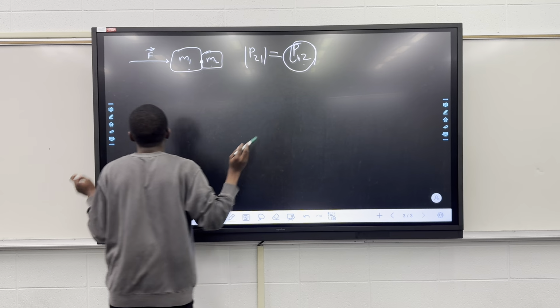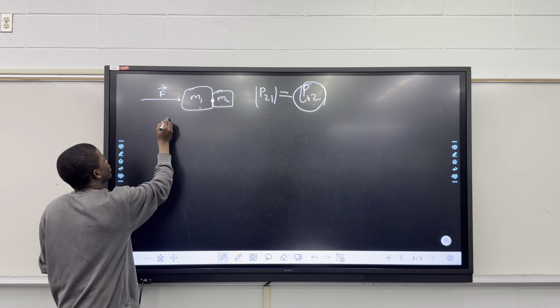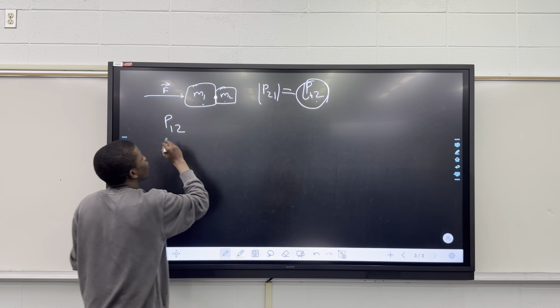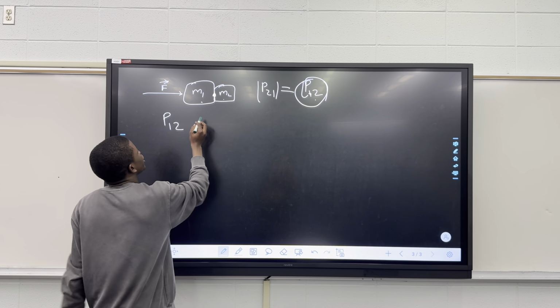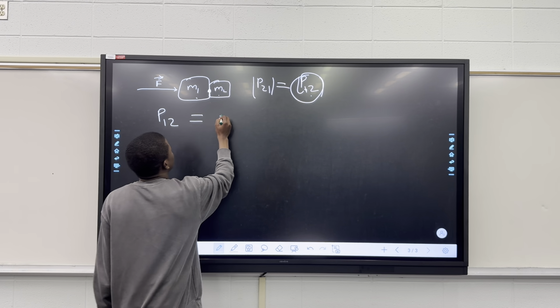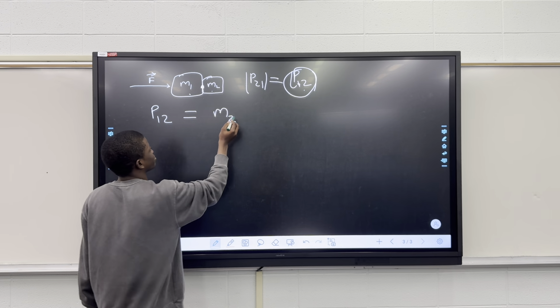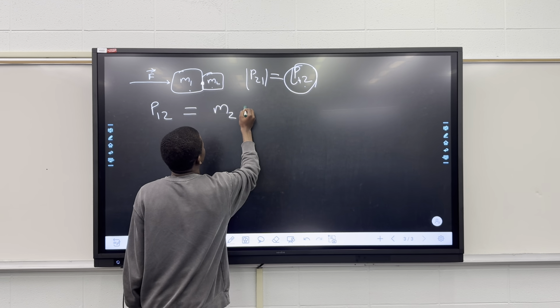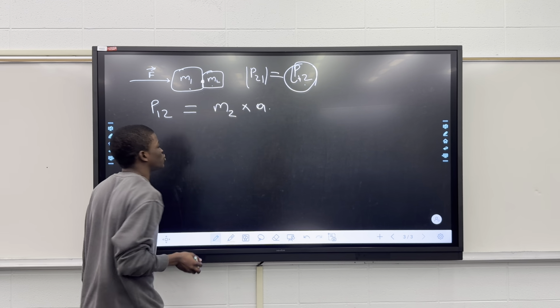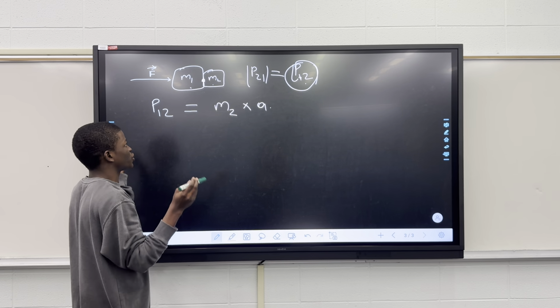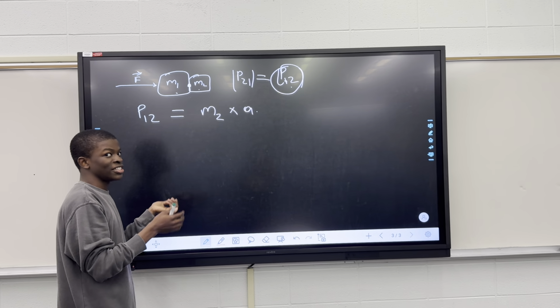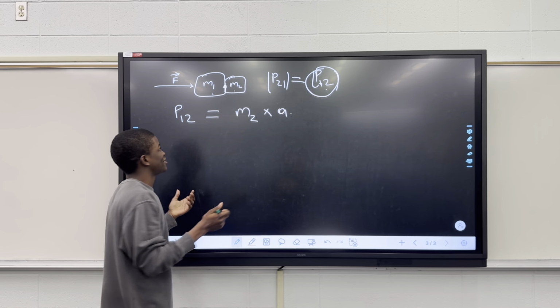To find the force acting on M2 by M1, it's going to be the mass of the smaller block multiplied by its acceleration. By Newton's second law, the summation of all forces acting on an object is the mass of the object times its acceleration.